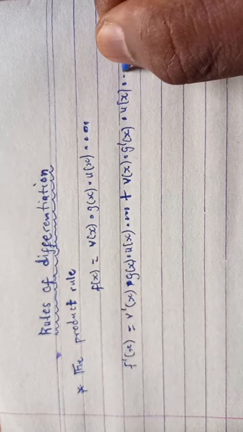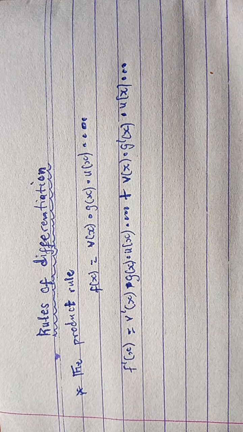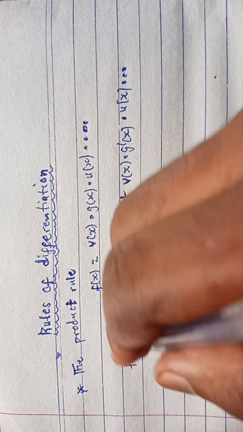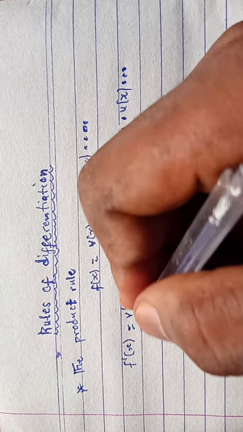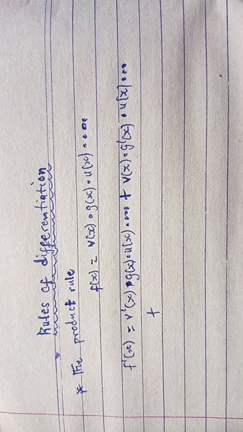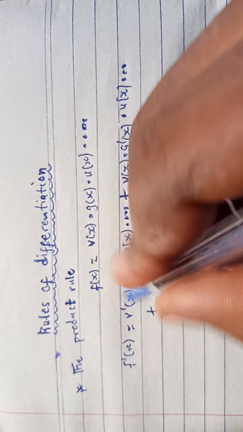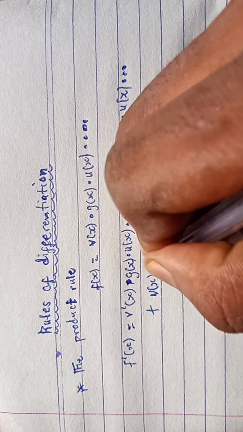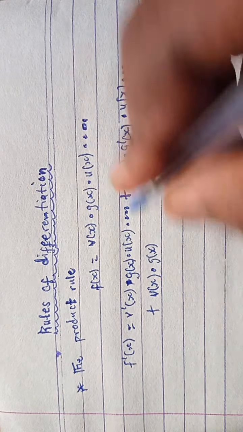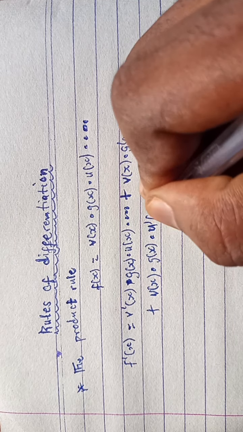Then plus, you differentiate the last one and maintain the rest: v of x times g of x, times u prime of x.